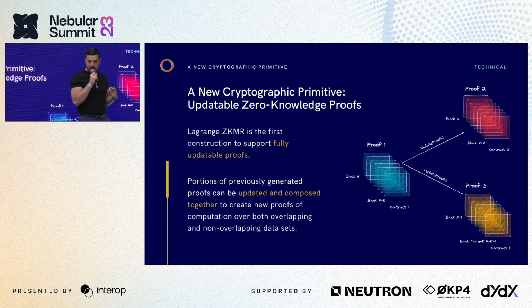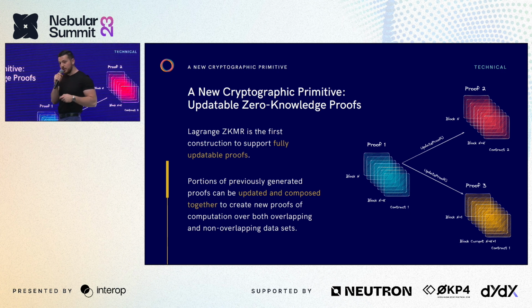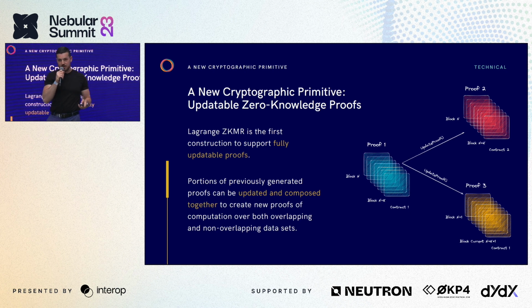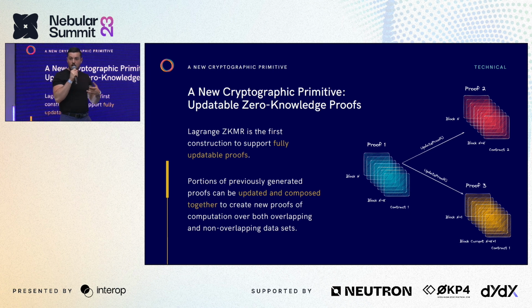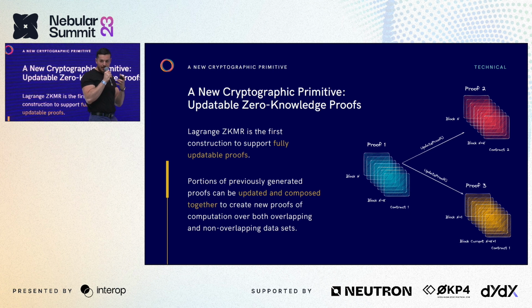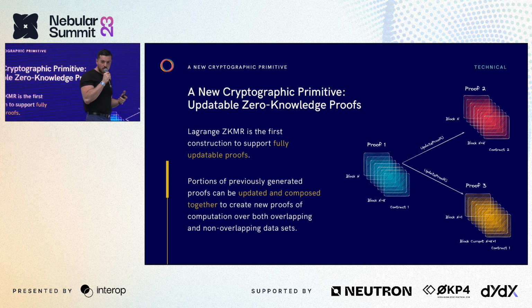But in reality, once you generate a proof, there are components of it that you can reuse between subsequent executions of that underlying computation. That means you can take computation that was used to derive a proof on an overlapping or non-overlapping data set and compose that back together to create something new.